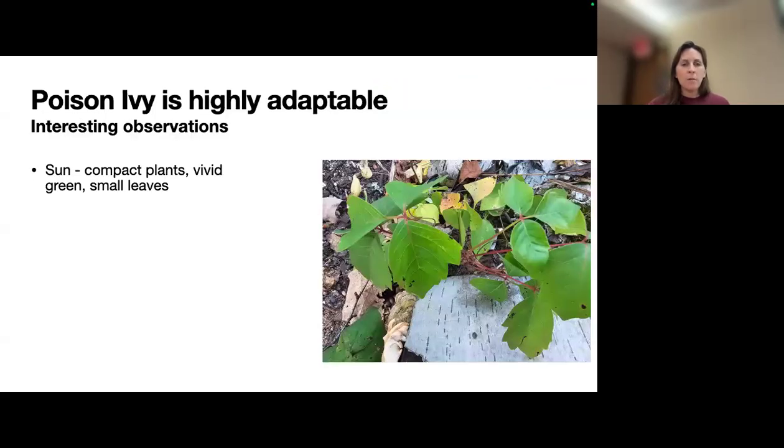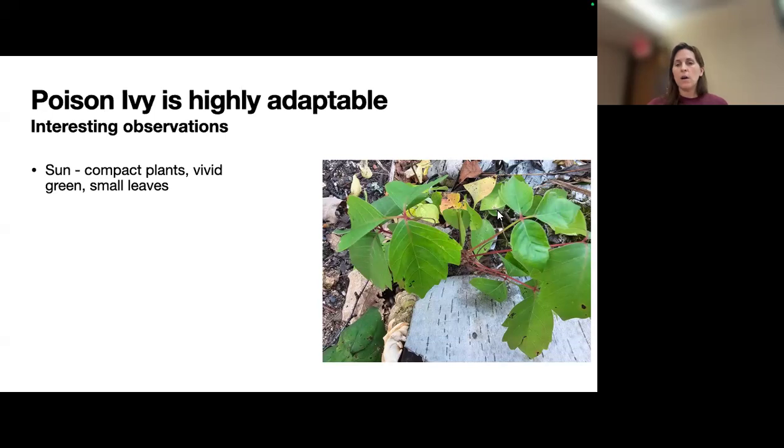All right, so I've been working with poison ivy since 2018 because I am very reactive to it. And these are some of the things that I've noticed with poison ivy on our property. So in the sun, poison ivy produces a more compact plant and it comes with this vivid green color. So it's kind of the chartreuse color.